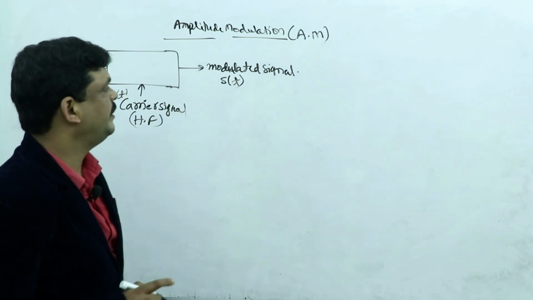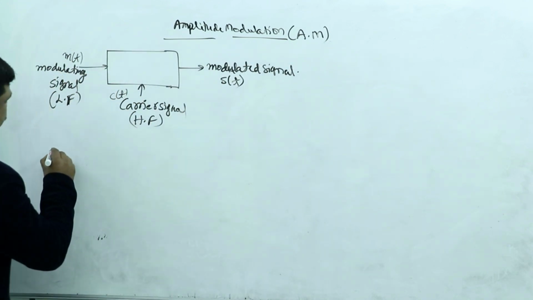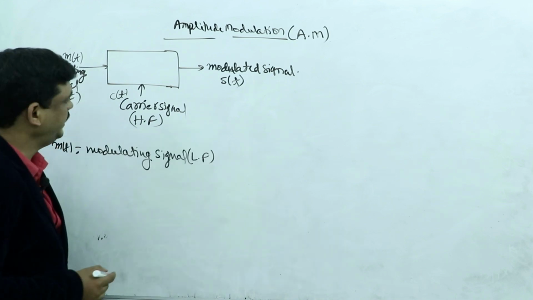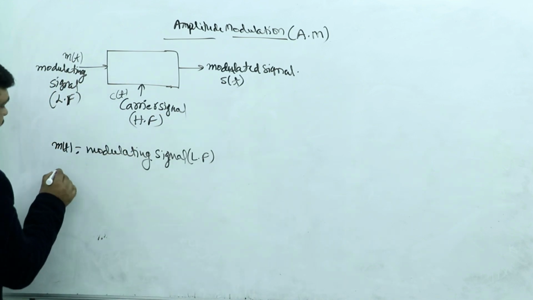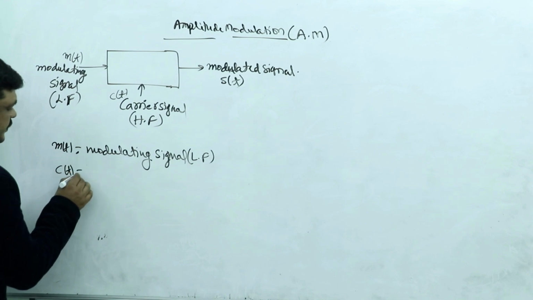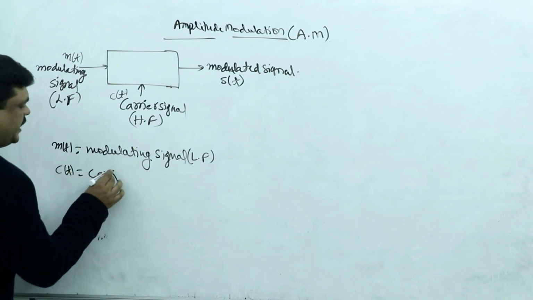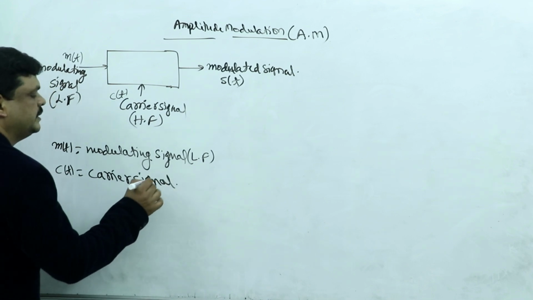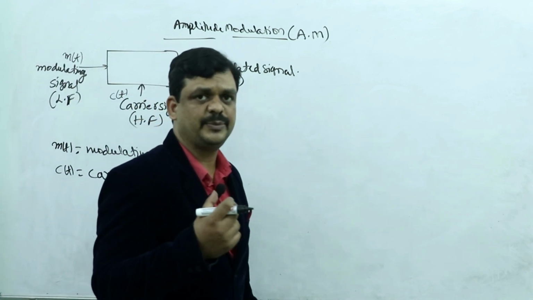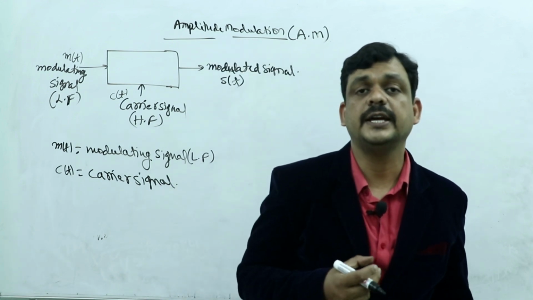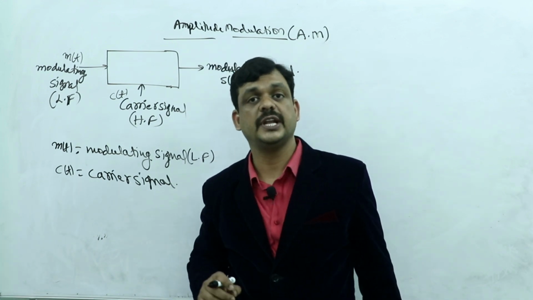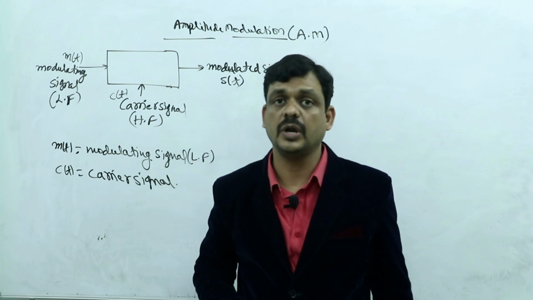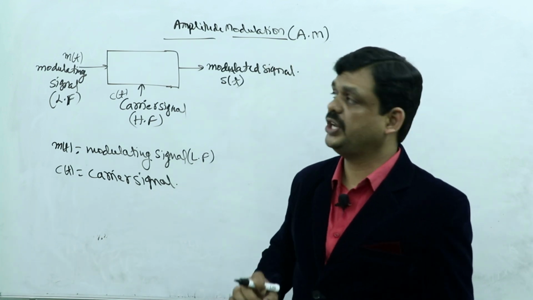First of all, I am taking the modulating signal, M of t, and the other signal is the carrier signal, that is C of t. Just now we have discussed types of modulation. If the carrier signal is a continuous wave signal, then the modulation process is called continuous wave modulation.